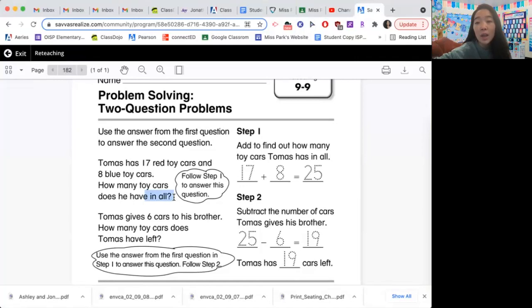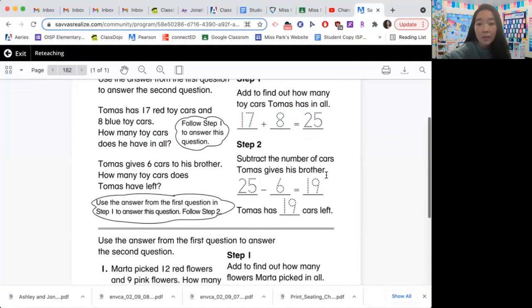Add to find out how many toy cars Tomas has in all. So that's where we're going to get 17 plus 8 equals 25. Now, Tomas gives 6 cars to his brother. How many toy cars does Tomas have left? If he gives 6 away, then we are subtracting. We're going to use the answer from the first question in step 1 to answer this question.